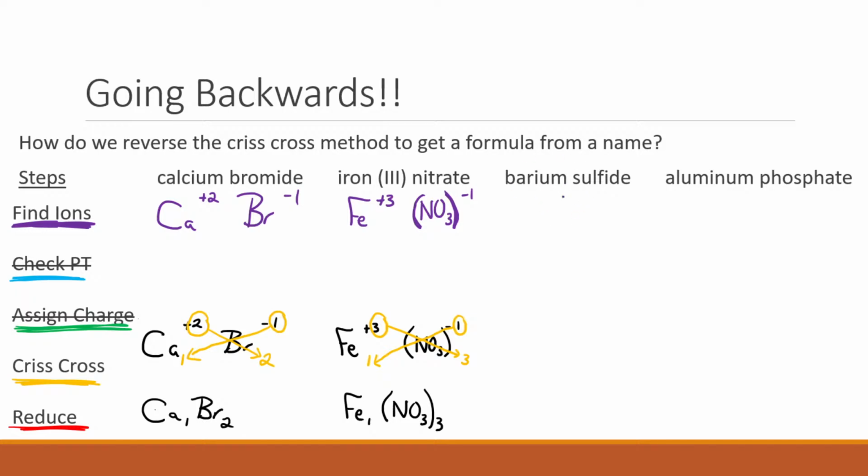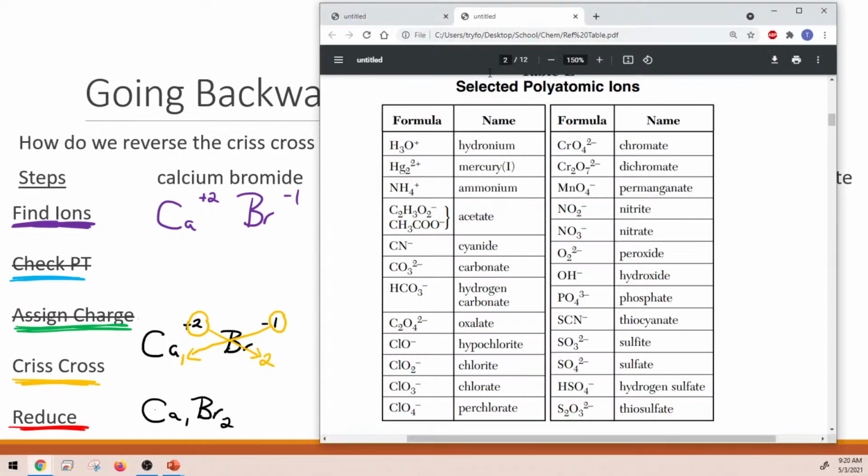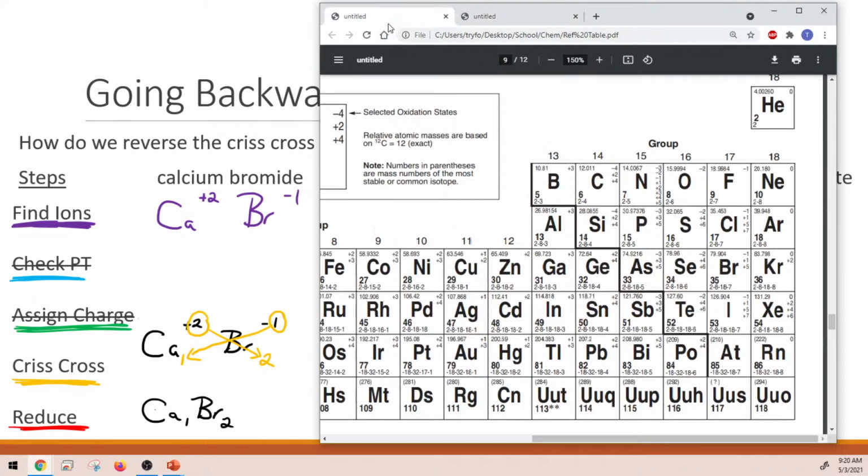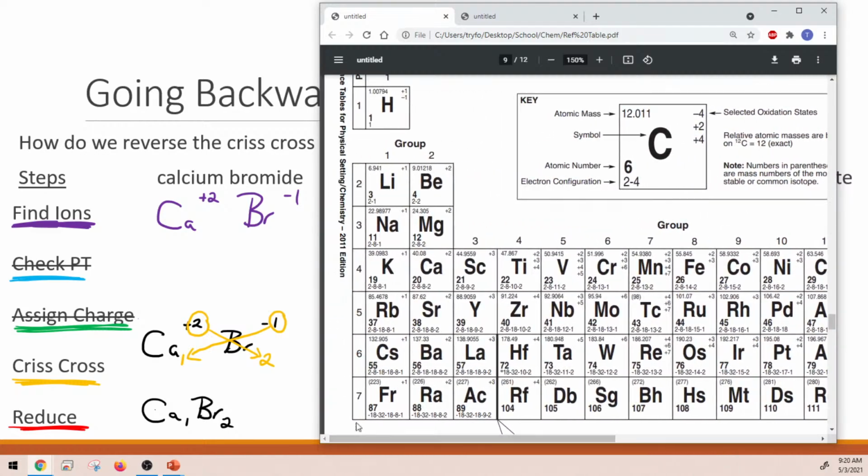We're going to start by checking the periodic table, finding our ions. Barium sulfide came from sulfur, so we're going to look for barium and sulfur. Check the periodic table for this one. Barium is all the way over here. It only has one possible charge, so we're going to put Ba plus 2 for our barium.